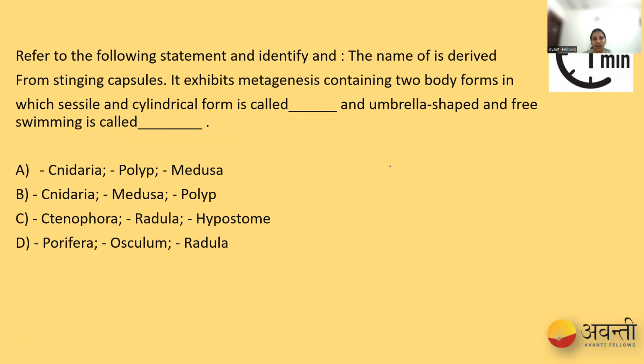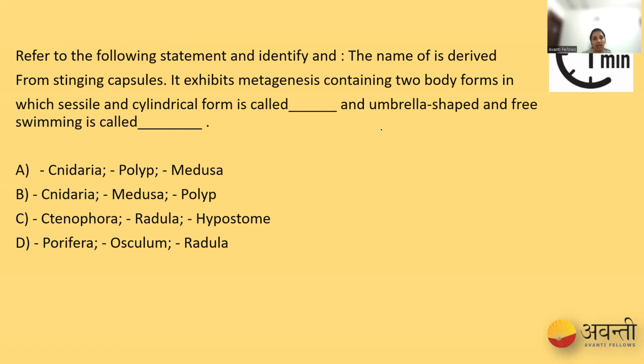And the options are: A. Cnidaria, polyp, medusa. Option B is Cnidaria, medusa, polyp. Option C is Ctenophora, radula, hypostome. Option D is Porifera, osculum, and radula. So we have to find out the correct option.